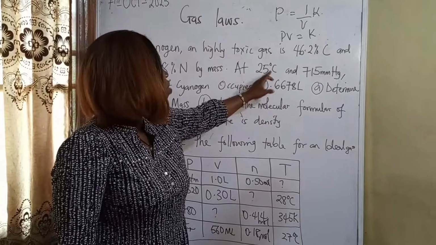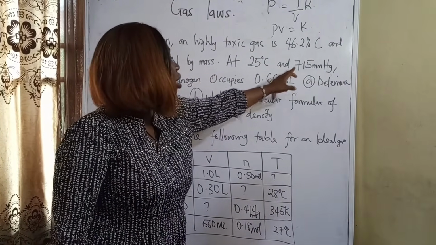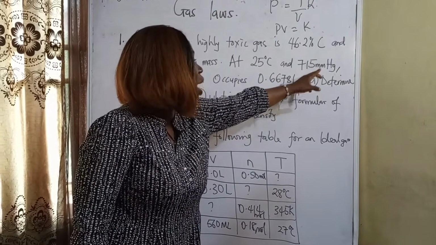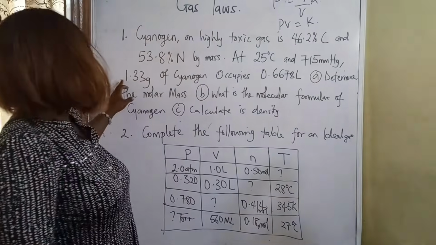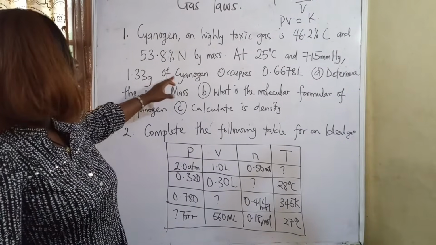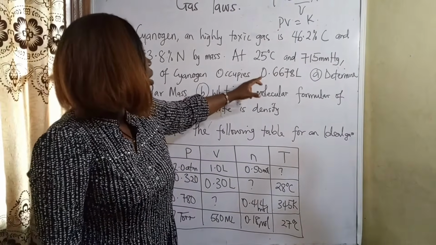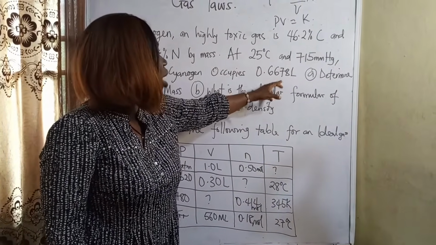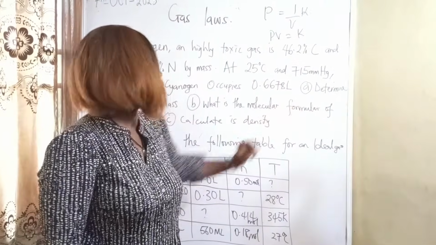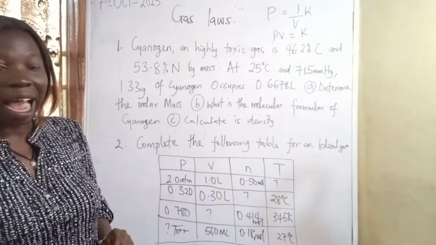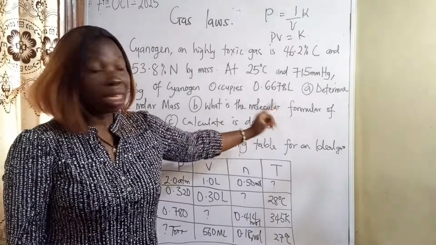At 25 degrees Celsius and 715 mmHg, 1.3 gram of cyanogen occupies 0.6678 liters. The questions are: A.